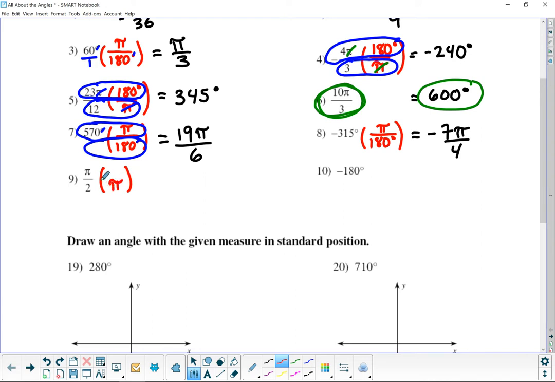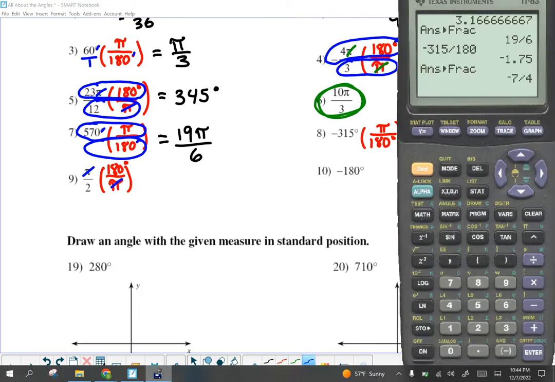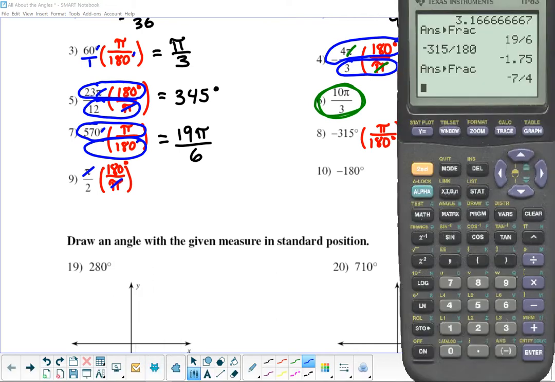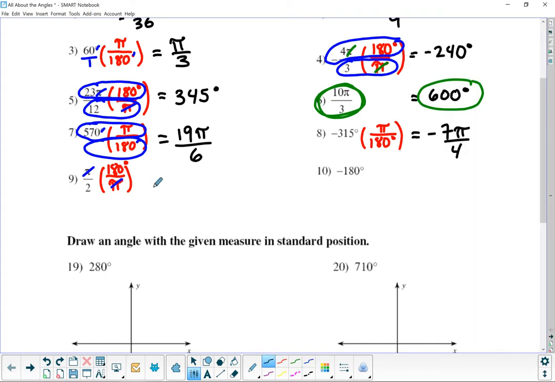So we want the pi on the bottom diagonally, and then we want 180, because 180 degrees is equivalent to pi. Then the pi's are going to cancel, and on top we have 180 degrees and on the bottom we have 2. So 180 divided by 2 gets us 90 degrees. That was our answer.